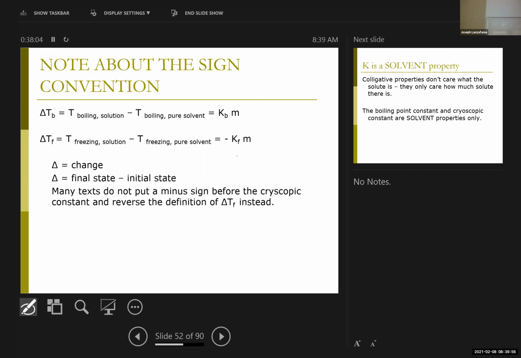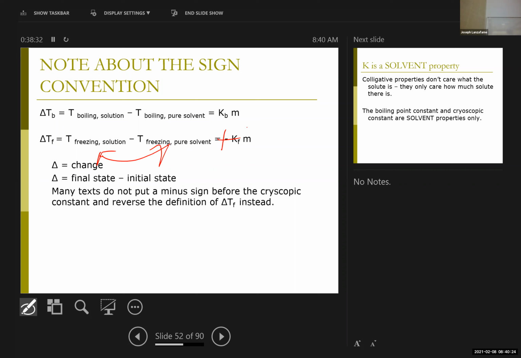For some bizarre reason that I don't know, they, being the Gen Chem gods, or at least the textbook authors, hate the negative sign I put in there. They would prefer to switch these two temperatures and make this positive. It is, of course, algebraically equivalent. They essentially move the negative sign to the left-hand side.